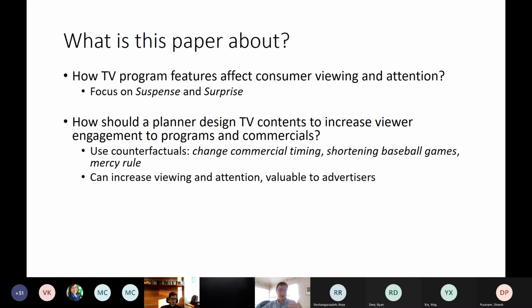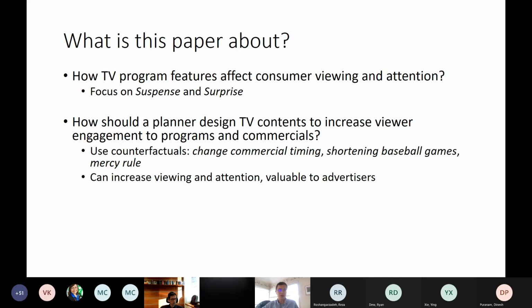When they think about the alternative design, they use different counterfactuals. One of the counterfactuals is about change of commercial timing, which Kosuke didn't have time to talk about. He did talk about shortening the baseball games from 9 innings to 7 innings, and also using the mercy rule. They show that their counterfactual policy can increase not only viewing but also attention.